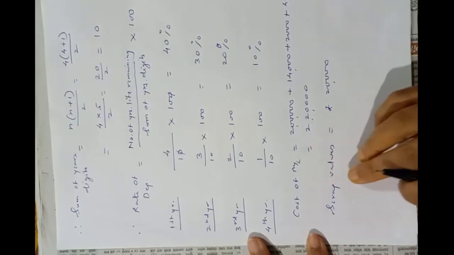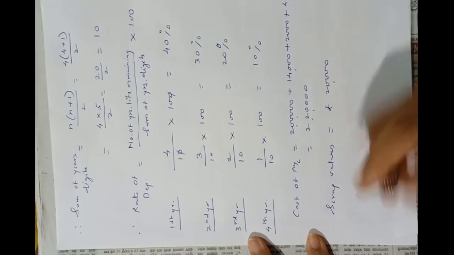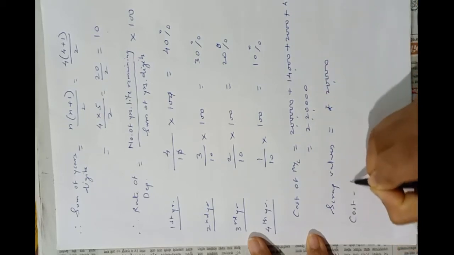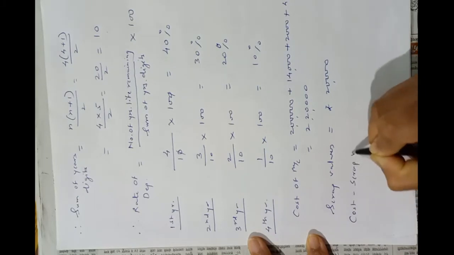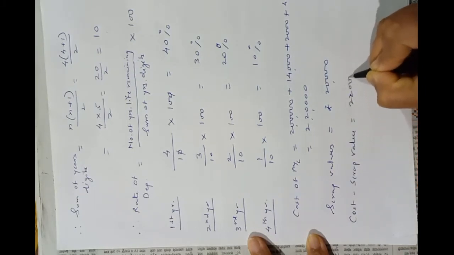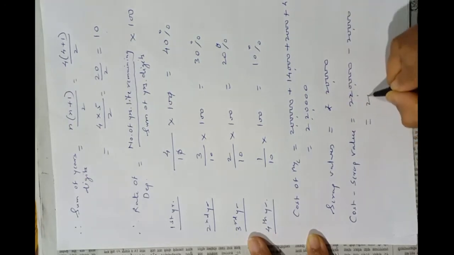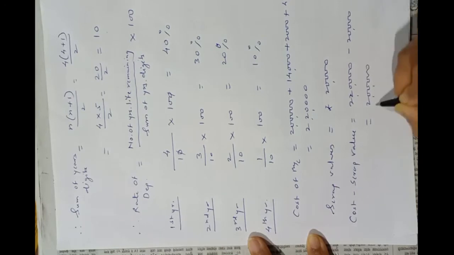So cost minus scrap value amount will be 2,20,000 minus 20,000, which is equal to 2 lakhs.